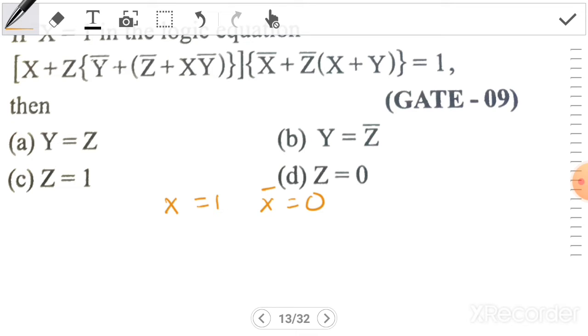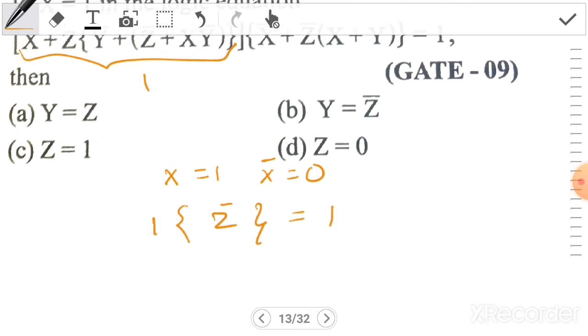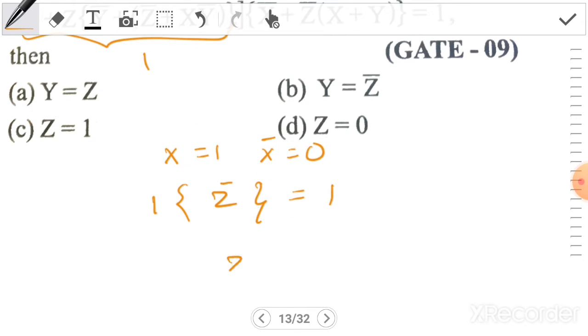So this is equal to 1. So 1 into x complement is 0. So z complement x is 1, 1 plus y, so 1. So is equal to 1. Z complement is equal to 1. That means z is 0.